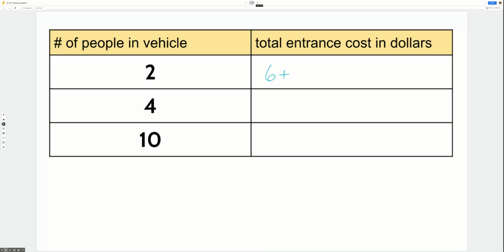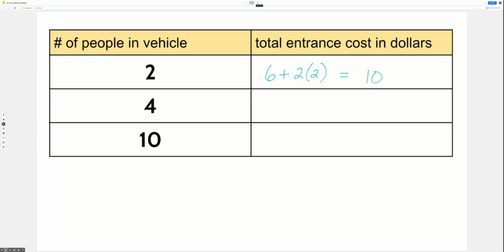So in this situation, we've got the $6 plus $2 for 2 people. And I wrote that as 2 times 2 because it's $2 per person. So we would write that as 6 plus 2 times 2, which is 4, and that gets us 10. So it would cost $10 to get in with 2 people. Now let's figure it out for 4.